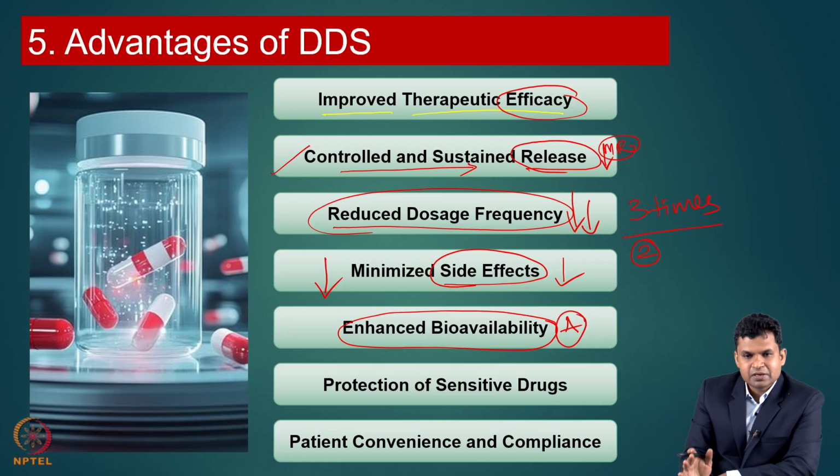So, if you improve the absorption of your drug, definitely your bioavailability will increase, and that will depend on the solubility as well as permeability, and other factors. Enzymatic degradation also you can reduce by using drug delivery systems. With all this we can enhance the bioavailability.